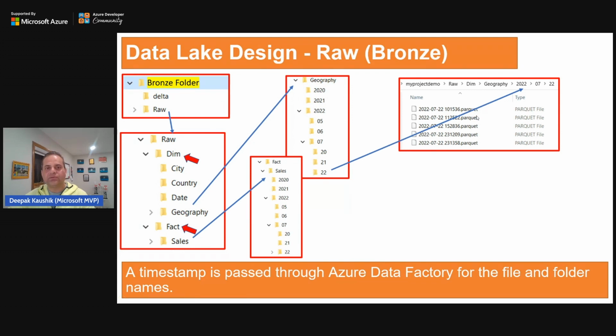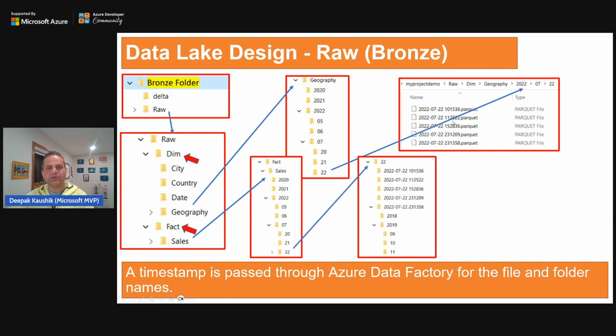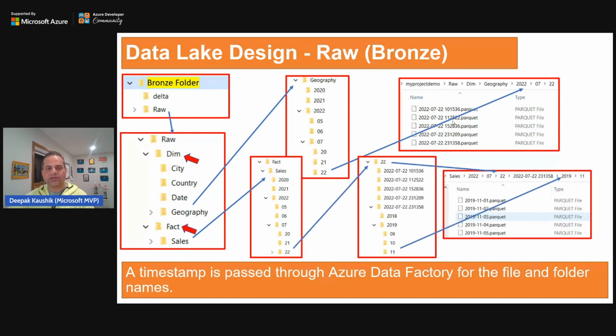So these files are always there. As time passes, you could read timestamps like 22nd of July 2022 10:15, and 22nd of July 2022 11:25, and the files are saved.